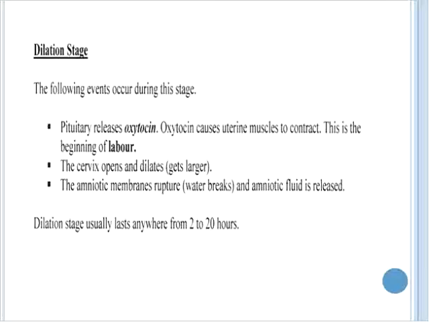When development is concluded, the final stage is, of course, childbirth. Childbirth occurs when gestation is reached. Childbirth occurs under the influence of hormones in 3 distinct stages. The first of these stages is known as dilation. During this stage, the pituitary gland will release oxytocin. Oxytocin causes the uterine muscles to contract.